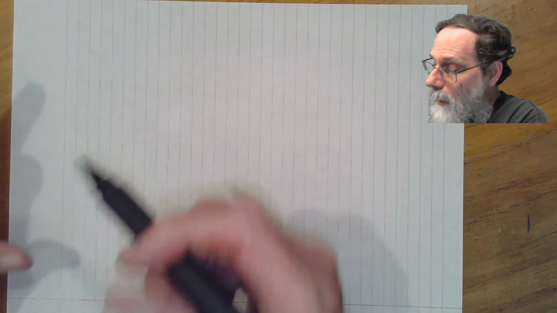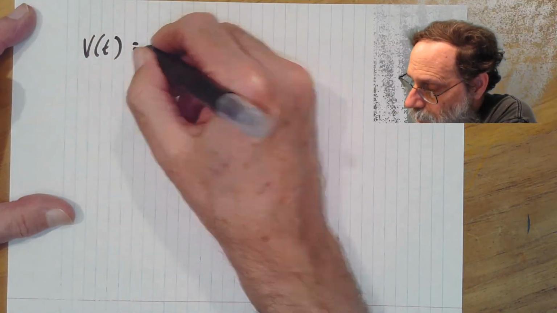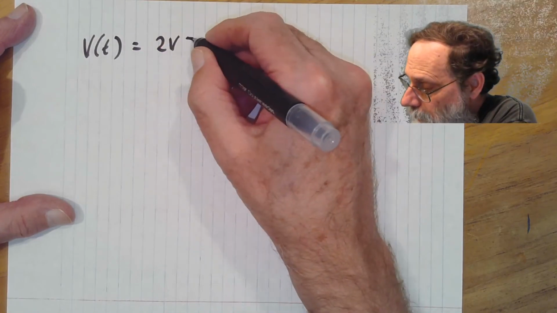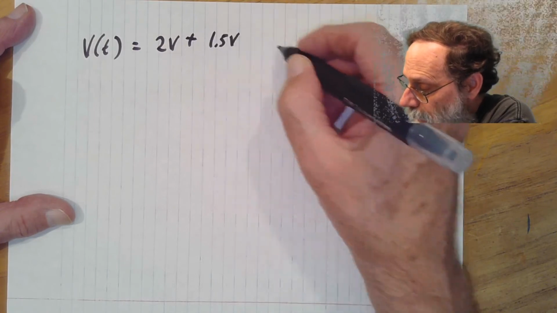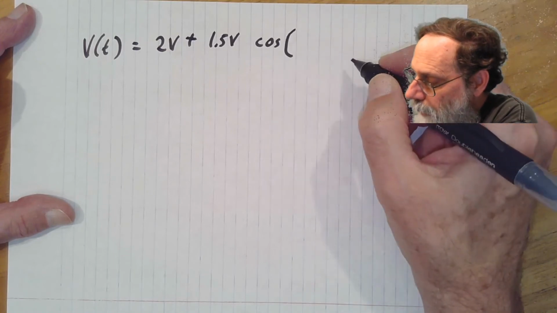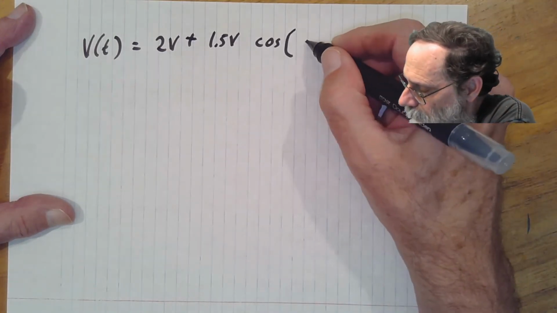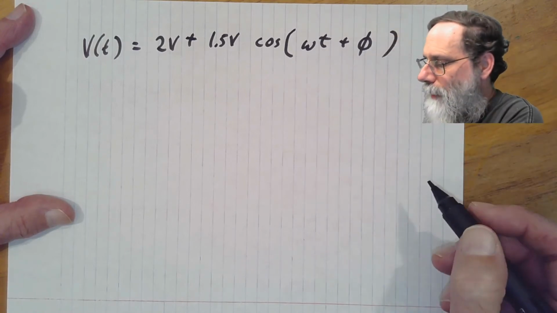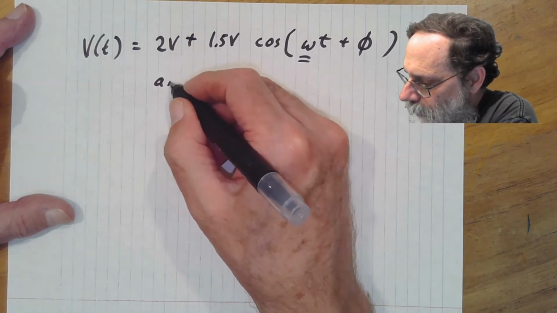So what we have is that V of t is 2 volts, notice I keep the units around, plus the amplitude, which was 1.5 volts, times, and then I'll have, say, cosine of, and then I've got something here that's time dependent. I'll write it as omega t plus phi. The omega here is called the angular frequency.